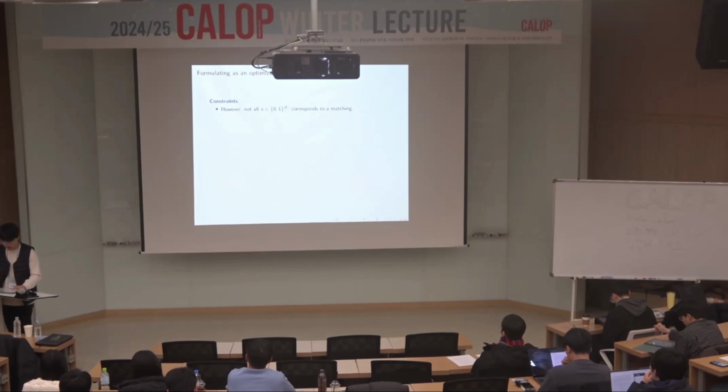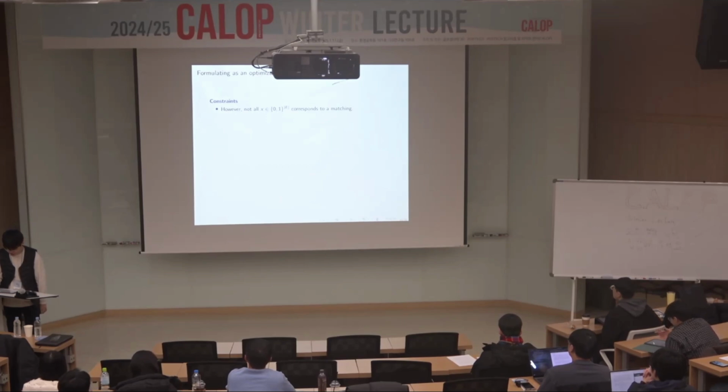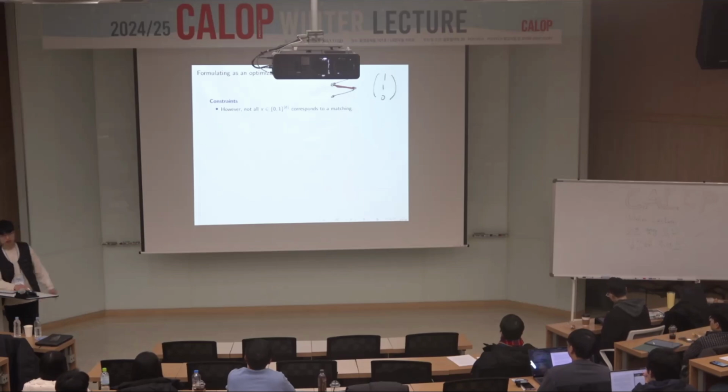Now you need to write down conditions, because not every 0,1 vector corresponds to a matching. Let's say you have 3 edges, and if you pick two edges, then the corresponding 0,1 vector will be 1, 1, 0, if you enumerate the edges from top to bottom.